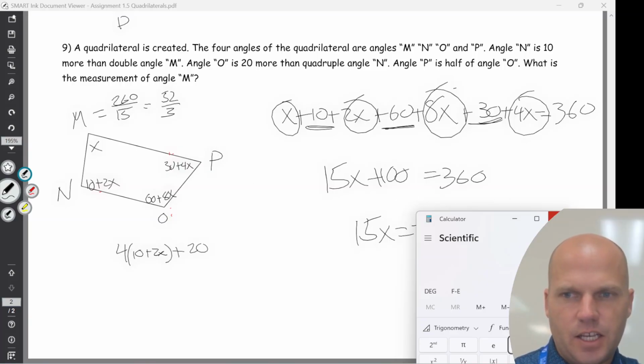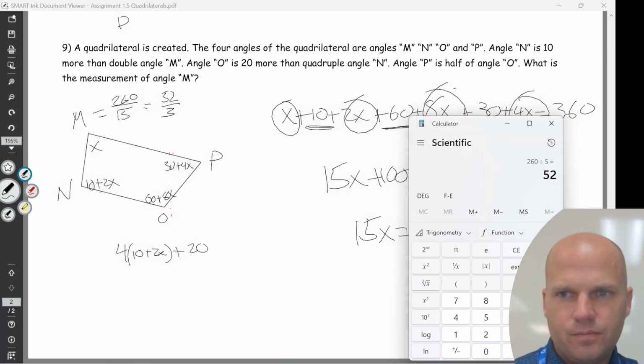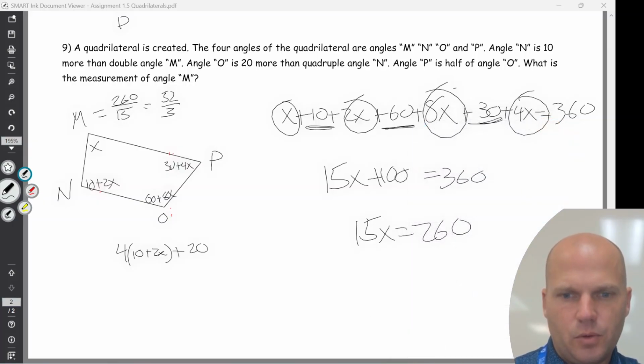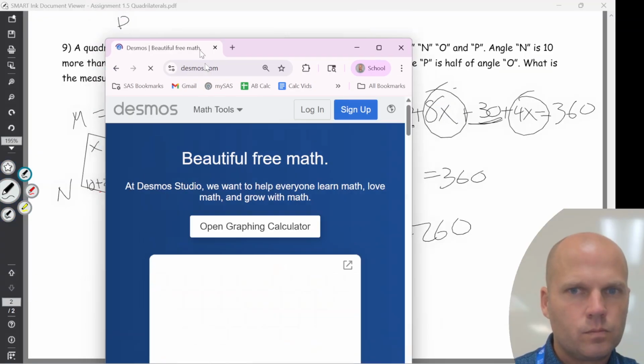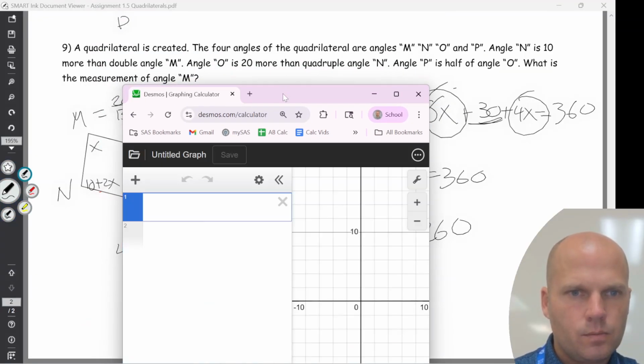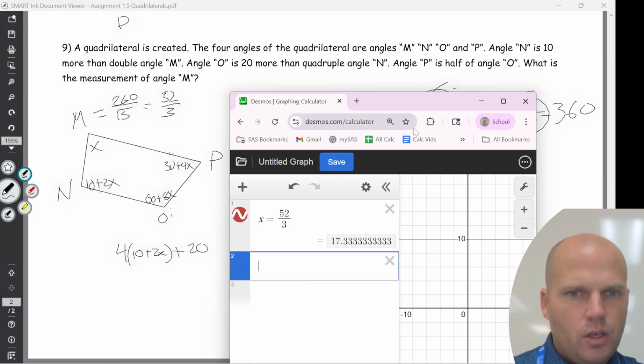If I had a Desmos calculator, we could make it work. I'm going to do it really quickly just to show it. Okay, so we're going to say x equals 52 thirds. What's 10 plus 2x?